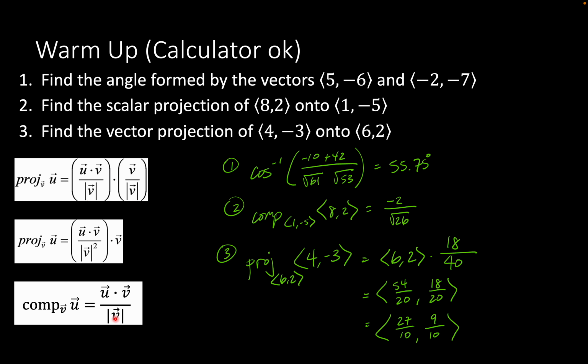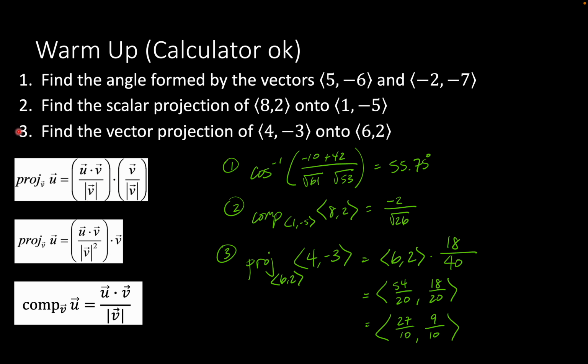So I'm going to do the dot product. 8 times 1 is 8 plus 2 times -5. That makes -2 altogether. That's the dot product. And now I divide by the magnitude of the vector onto which we are projecting. That's the magnitude of this vector, square root of 1 plus -5 squared. That's square root of 26 for the magnitude.